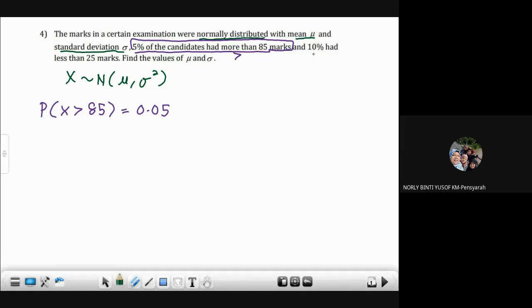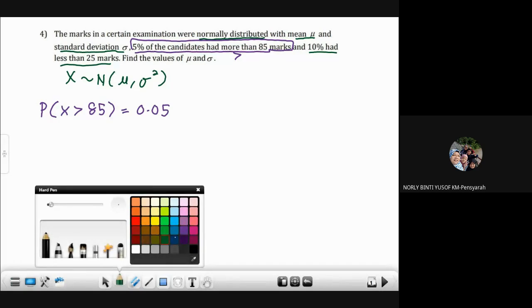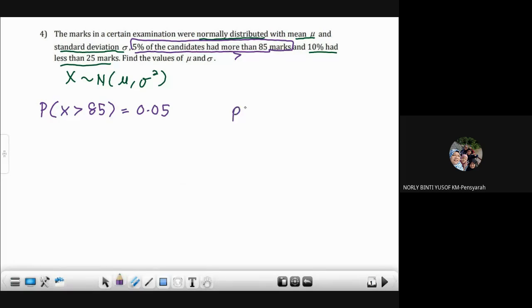So sama juga yang the second part, 10% had less than 25 marks. So that means you punya discrete lagi satu adalah less than, that means lesser than 25 equals to 10%, probability you adalah 0.10. Less than is lesser lah.